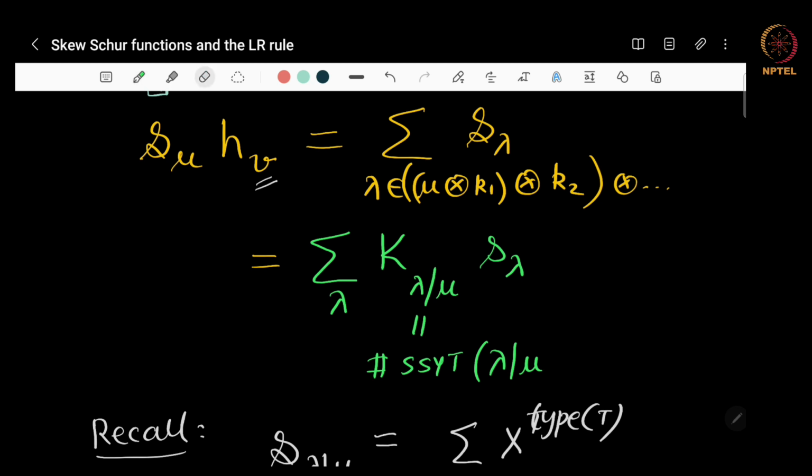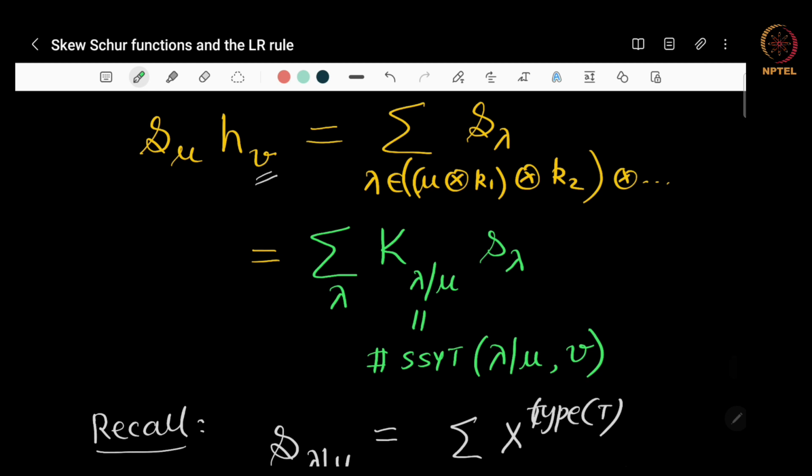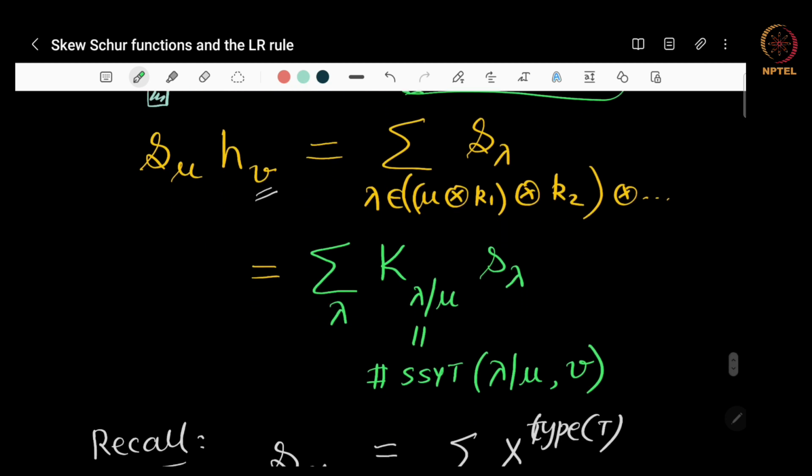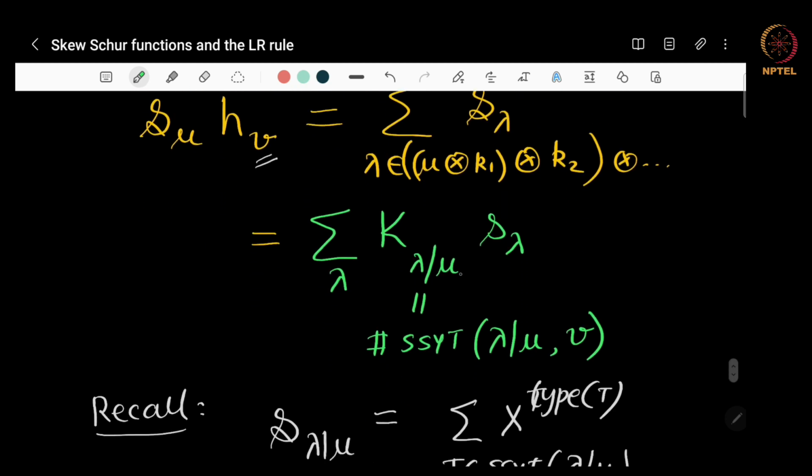So the number of 1s, 2s, 3s that you fill into the semi-standard tableau are you add k1 boxes in the first step, k2 in the second step, and so on. So the new should have also made an appearance somewhere. So there's a number of semi-standard tableau of, so I should put a new here. It's Kostka number k lambda minus mu comma new of type new.